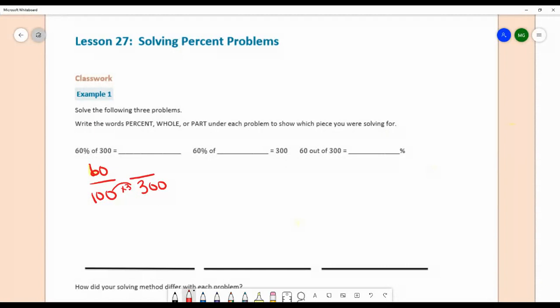Times 3, good. And therefore, 60 times 3 is awesome, 180. So 60% of 300 is 180.